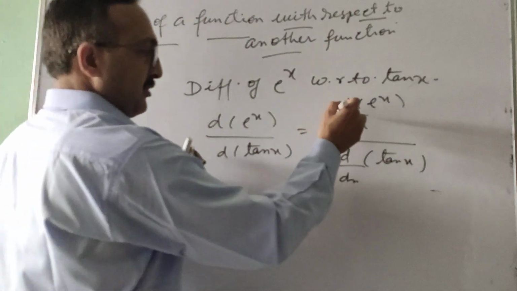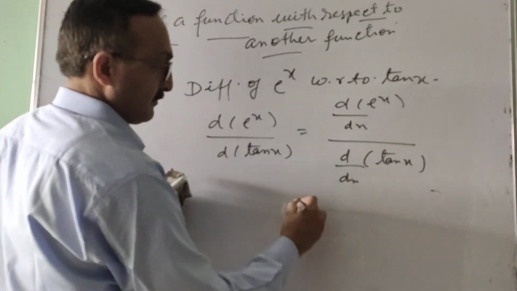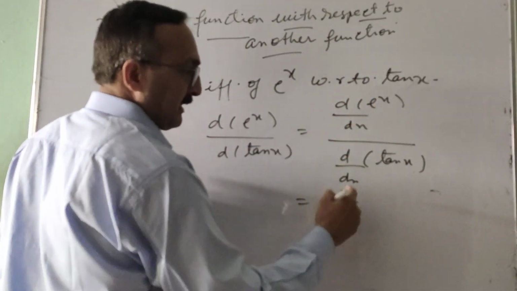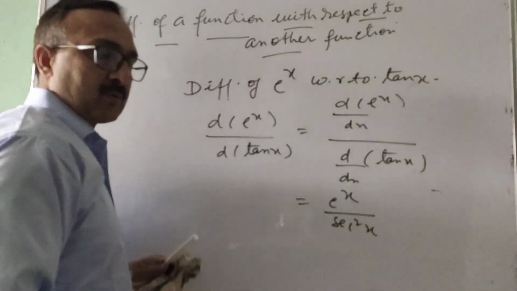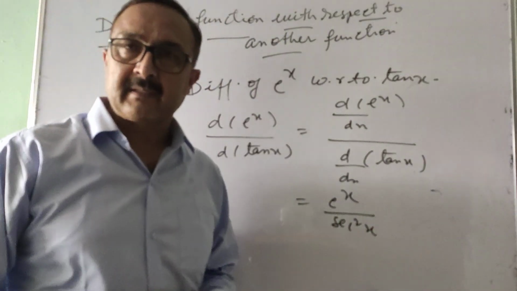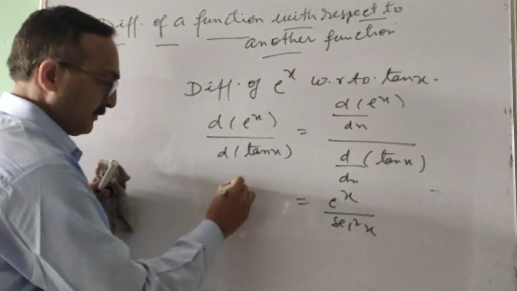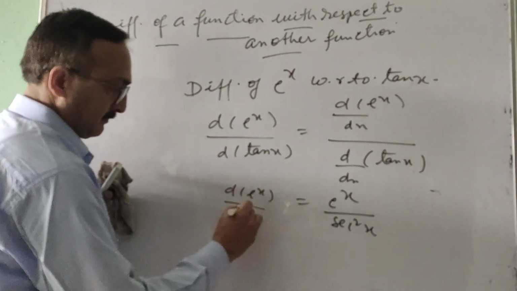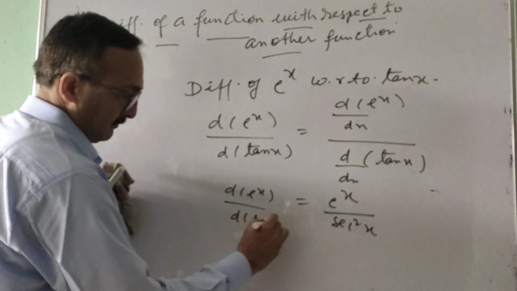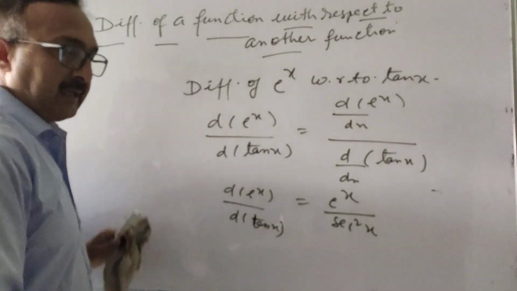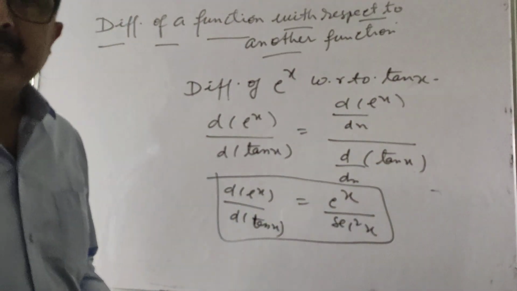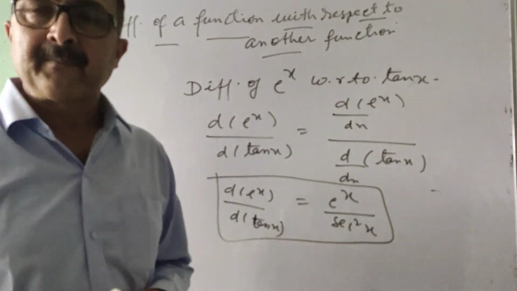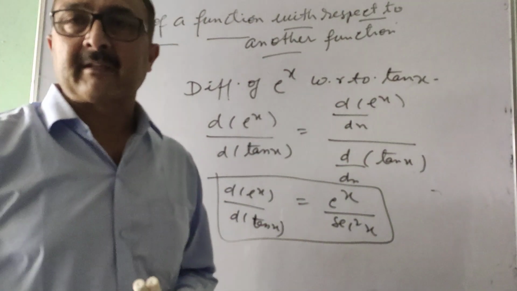Now what is the differentiation of this one? e^x into differentiation of e^x, and tan x differentiation is sec square x. Now this is the solution. Okay, so now this is the method: differentiation of a function with respect to another function.